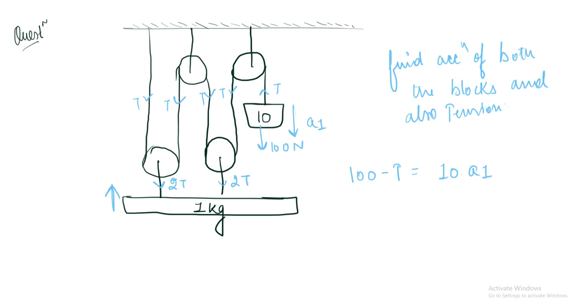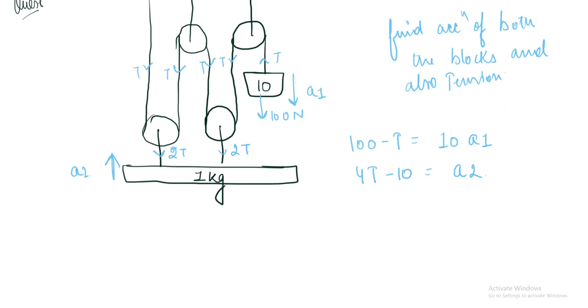Let us say it is moving upward with a2. Then 4T minus 10 is a2. Now here the variables are 3 and the equations are 2: variables a1, a2 and T. For the next equation we have to use constraint motion. I have already taught you that before.